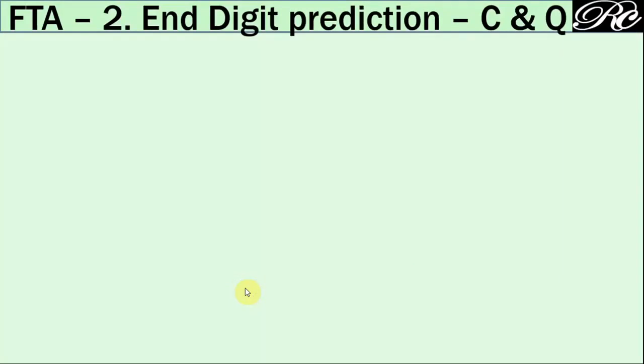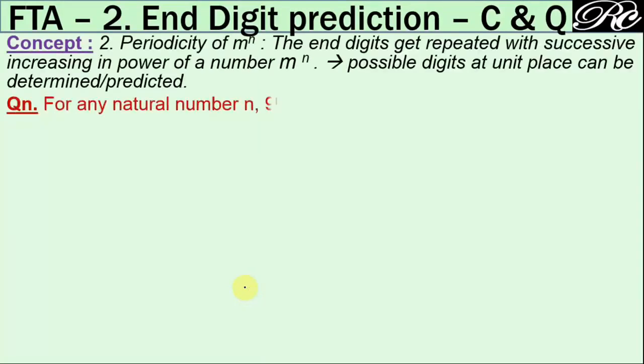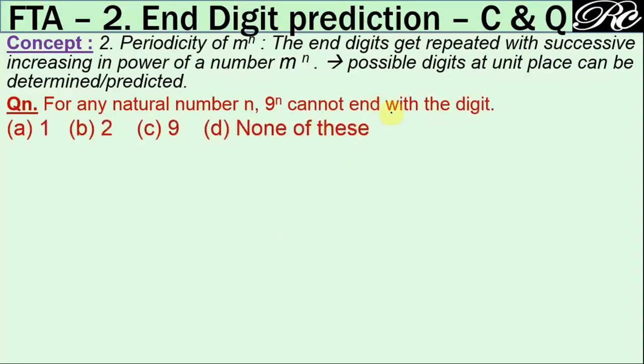Let us do one more question. So this concept is called the concept of periodicity. Means if we take any exponent m to the power n, then this m to the power n will get repeated.